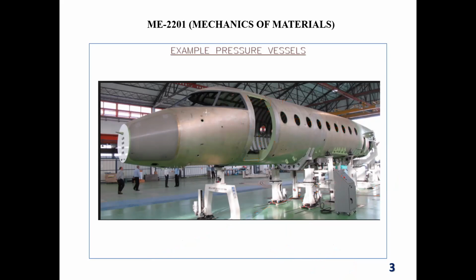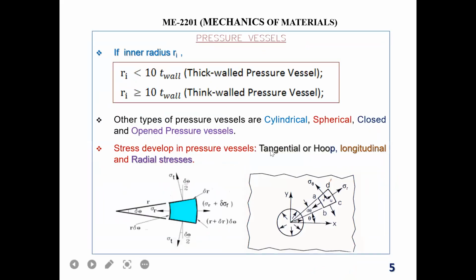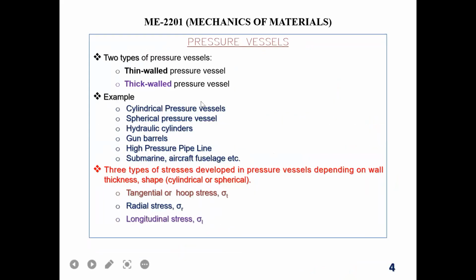So in every case, whatever example I'm showing over here is very important to make sure that you design an aircraft, you design a submarine, you design a special vessel that is safe to use and it will not fail.